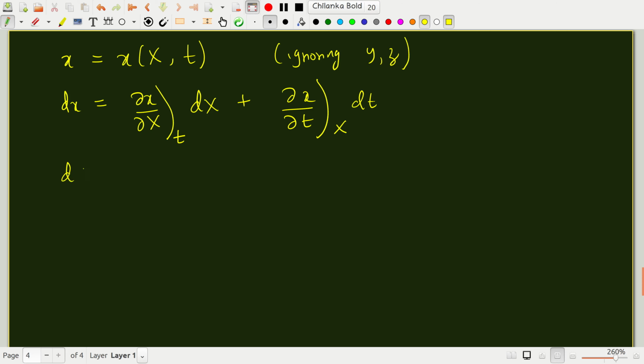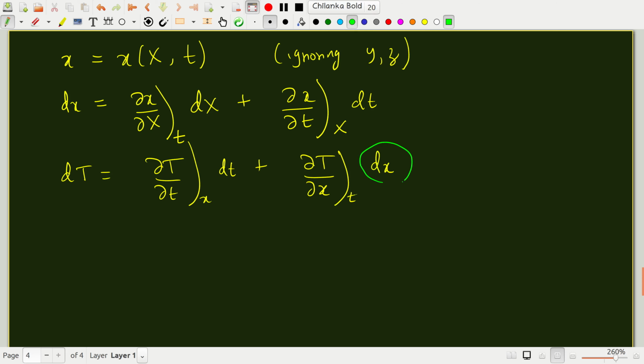We also had dT as partial T by partial time at constant x dt plus partial T by partial x at constant time dx. Now I'm going to substitute for dx in this expression from the previous expression.